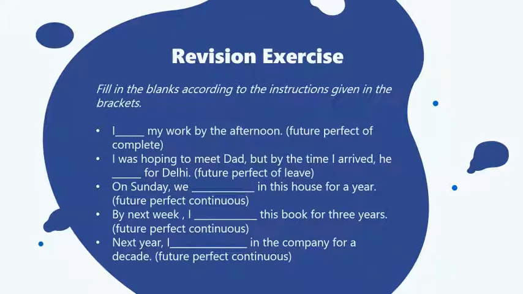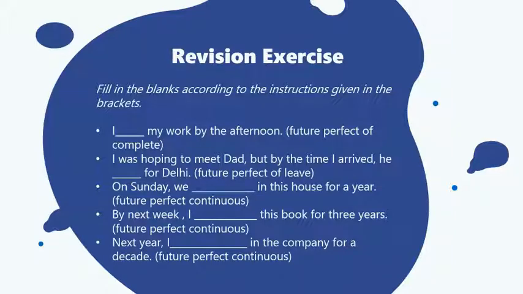Do the exercise given. Fill in the blanks according to the instructions given in the brackets. I dash my work by the afternoon, future perfect of complete. I was hoping to meet Dad, but by the time I arrived, he dash for Delhi, future perfect of leave.